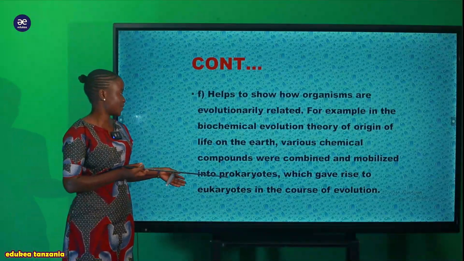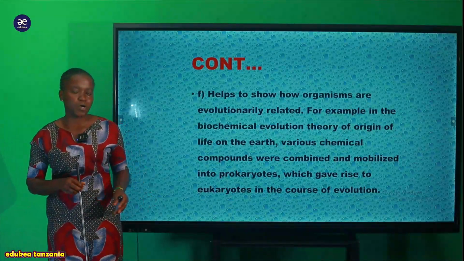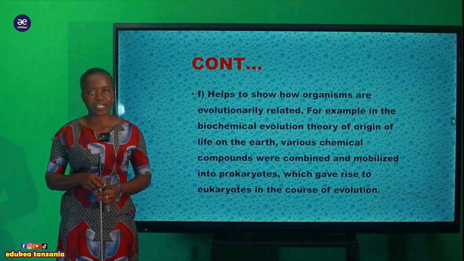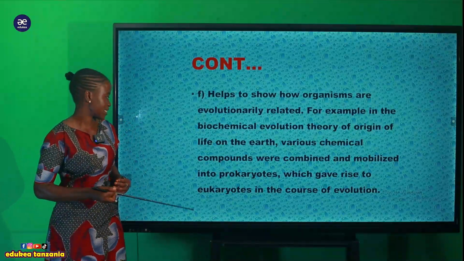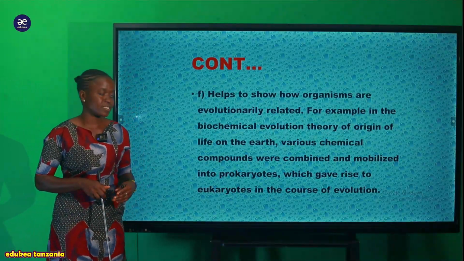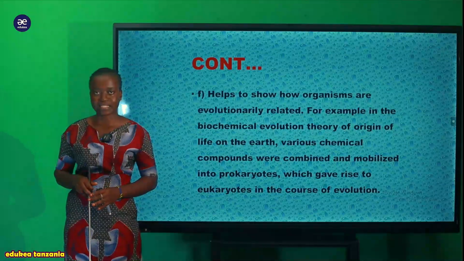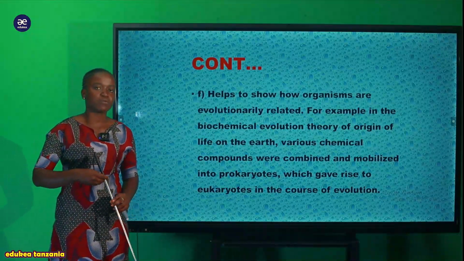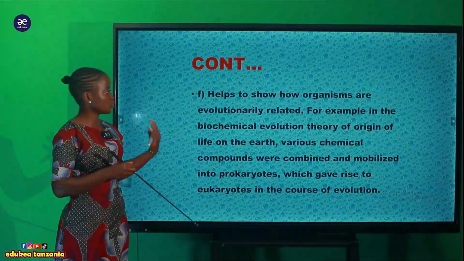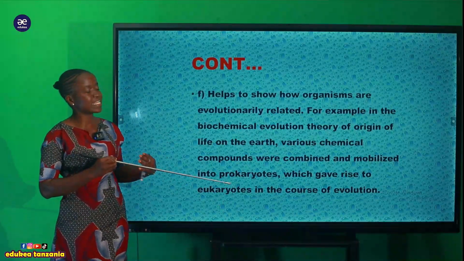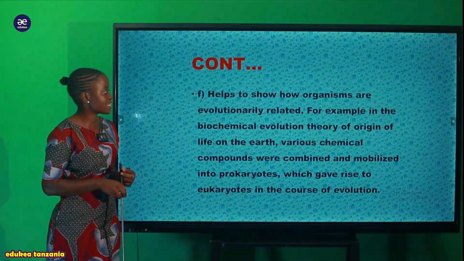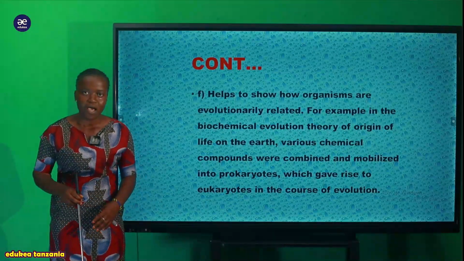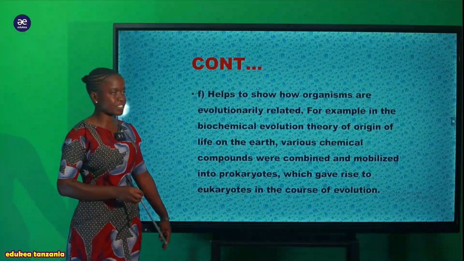And here when we say prokaryotic organism, an example of it, we have bacteria. Bacteria are one of the examples of prokaryotic cell. But examples of eukaryotic cell include plants and animals. So in the course of evolution, au tunasema kwamba kwenye hizi nadharia za evolution, we simply say that this eukaryotic cell, that is plant and animal, they come from prokaryotic cell.